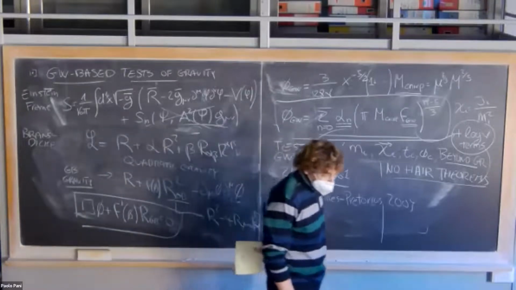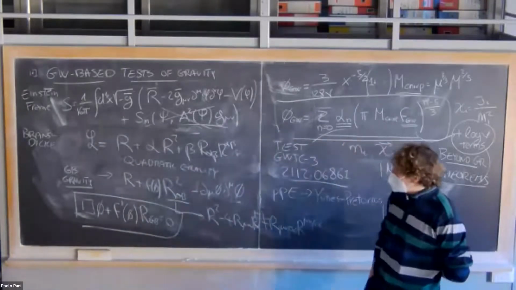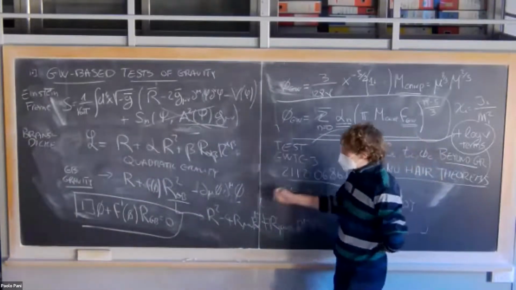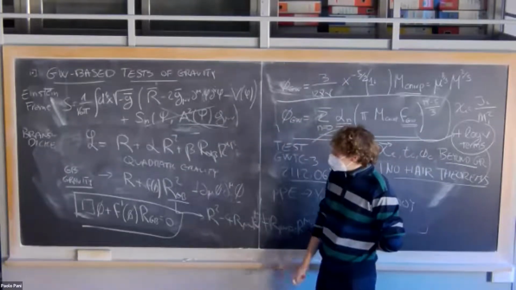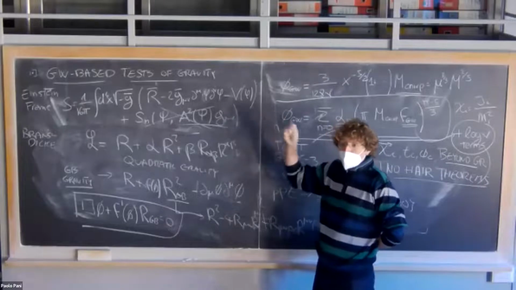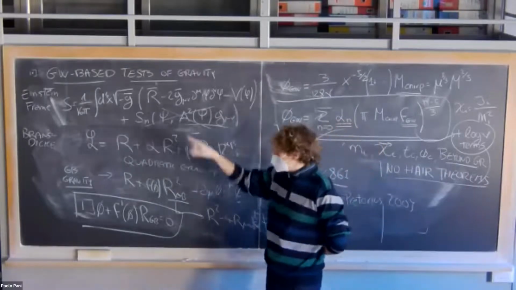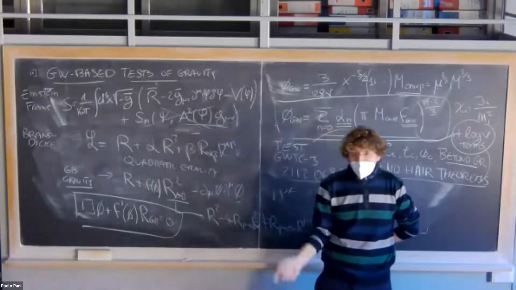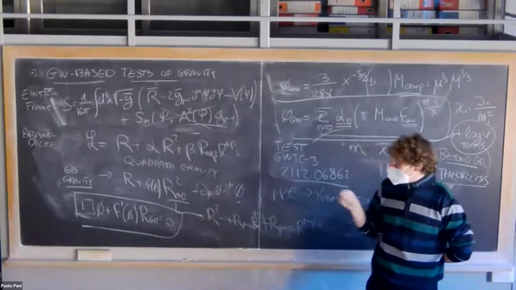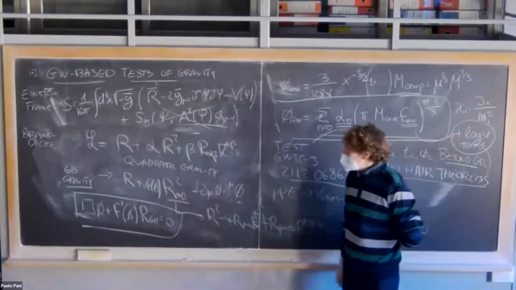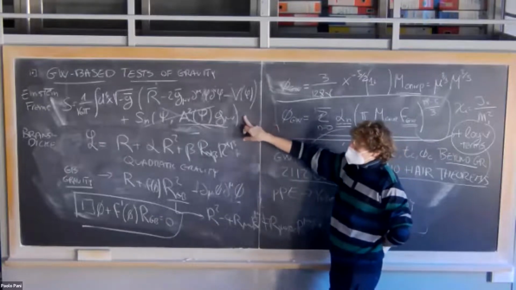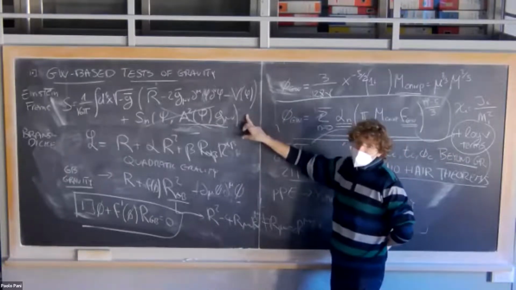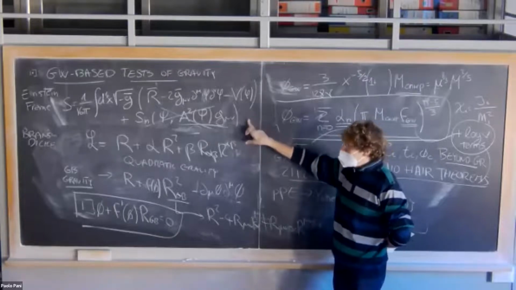So the upshot is that scalar tensor theories and quadratic gravities are sort of complementary to each other, because in scalar tensor theories, black hole solutions are the same as GR, at least in these theories here. In quadratic gravity, black hole solutions are different from GR, generically. Neutron star solutions are different from GR; they have scalar charge in scalar tensor theories.